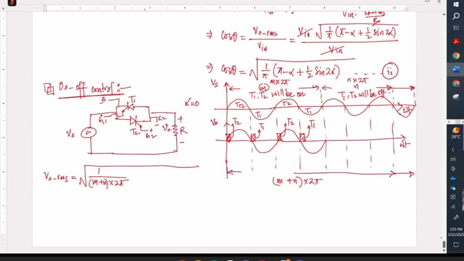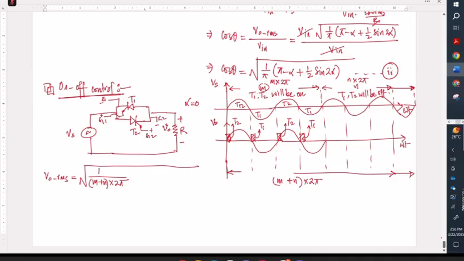So what should be the area for which it is turned on? It should be M multiplied by 2 pi. So it should be what?